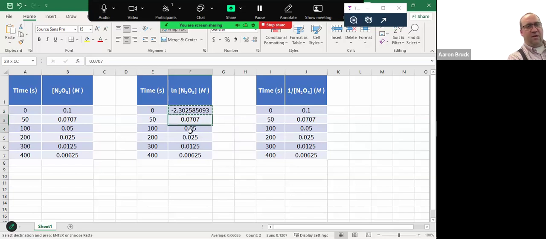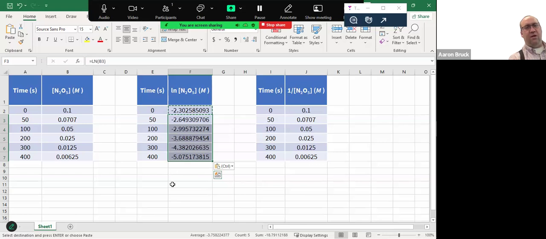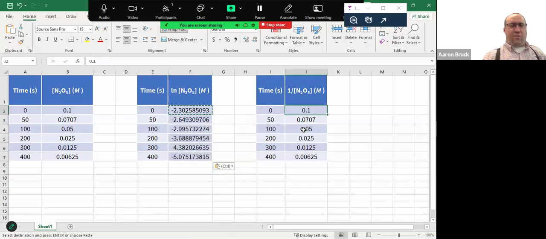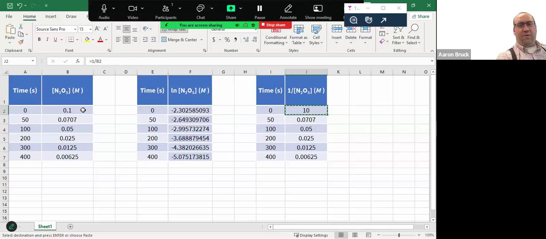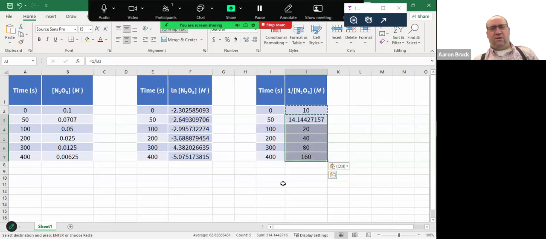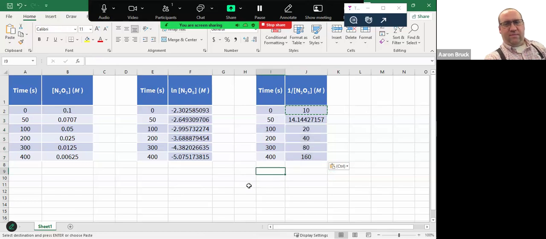And then we can repeat that by copying and pasting the formula over the rest. And then for the reciprocal, same thing, equals 1 divided by the original concentration, and then copy and paste to get the rest of it.